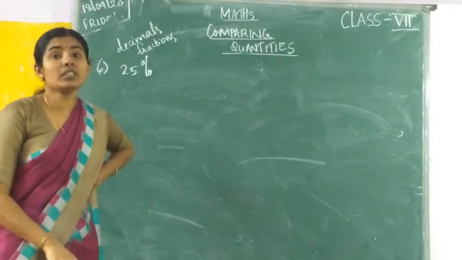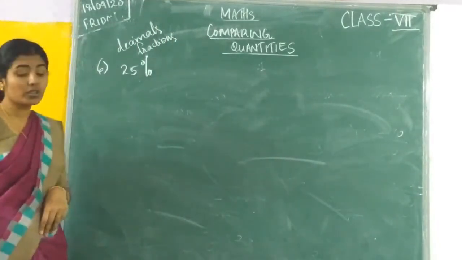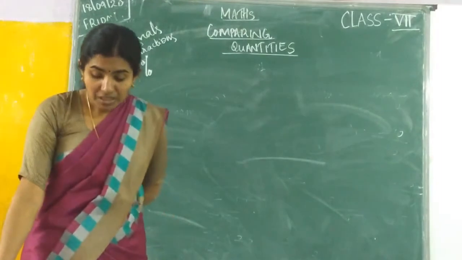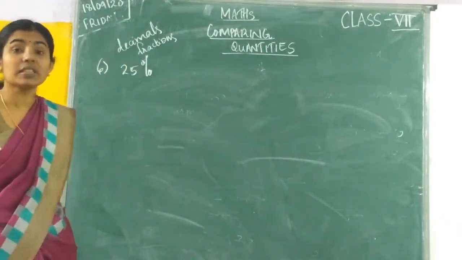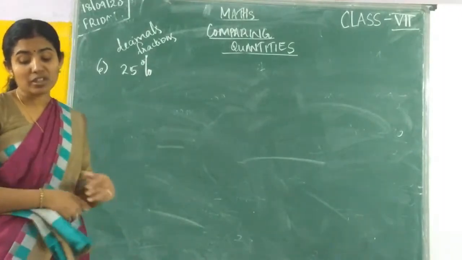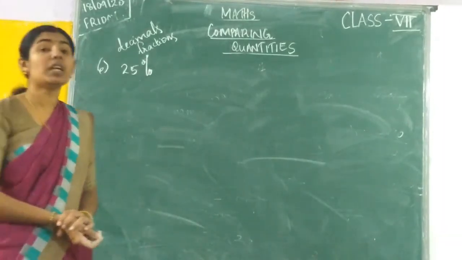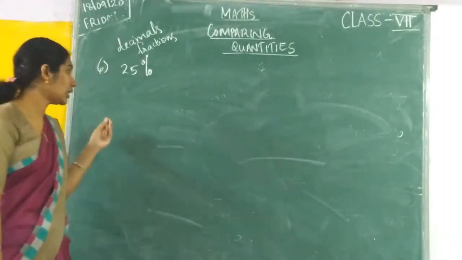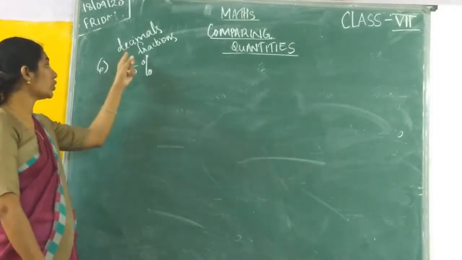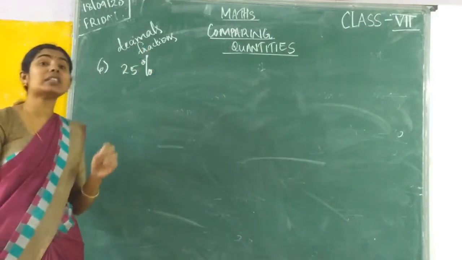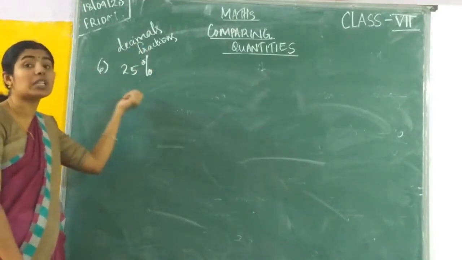Have you listened? The next question is to convert given percents to decimal fractions and also to fractions in simplest form. So they will give some percent. That percentage you should convert into decimal fractions. What are decimal fractions? Means decimal numbers.